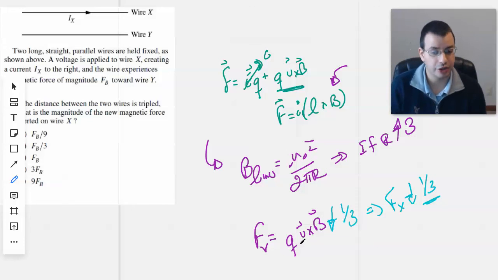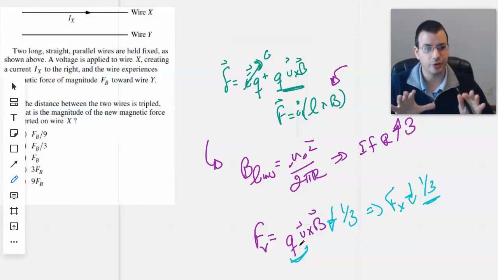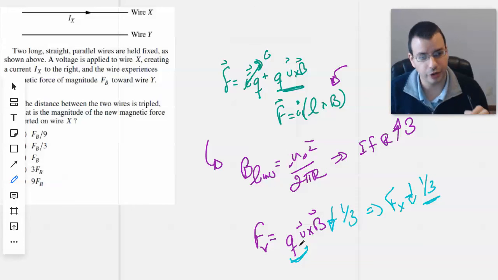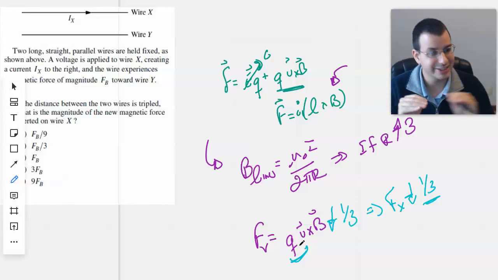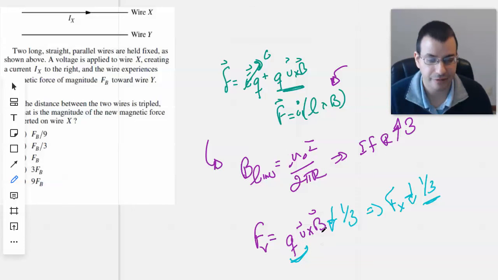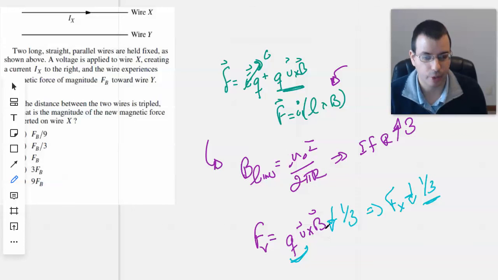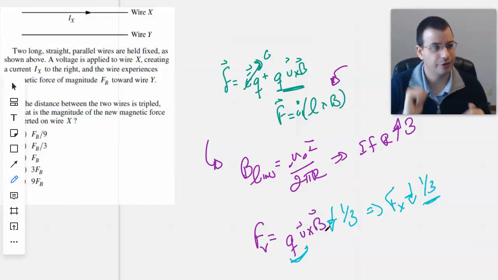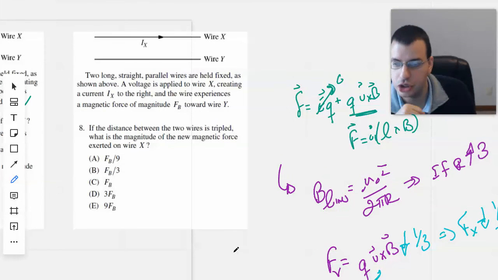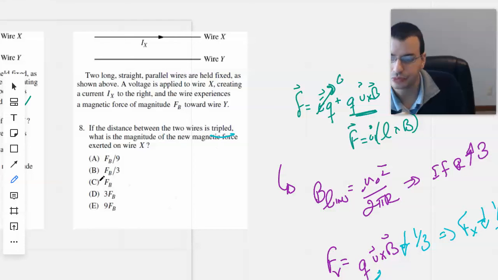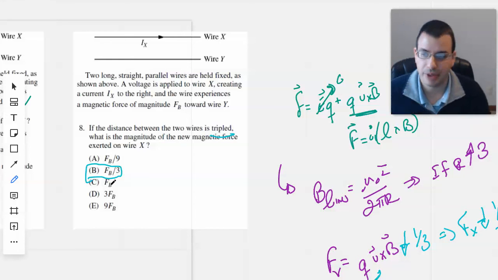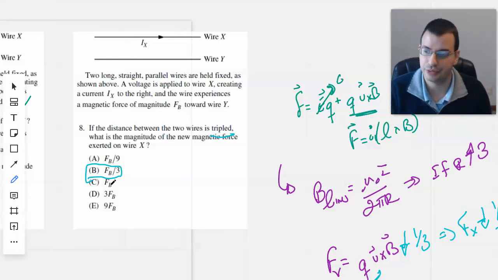Because this is basically the current flowing through X, and the current flowing through X will stay the same. But the magnetic field will drop by 1/3 because X is now further away. The distance has tripled. And so the magnitude of the force exerted on X from B will drop to 1/3 of its original.